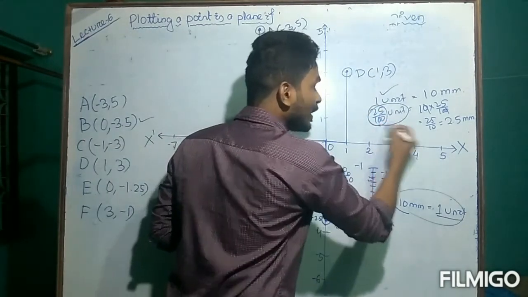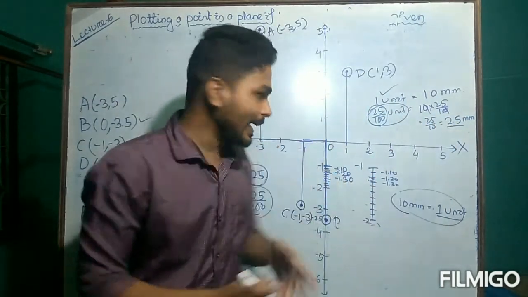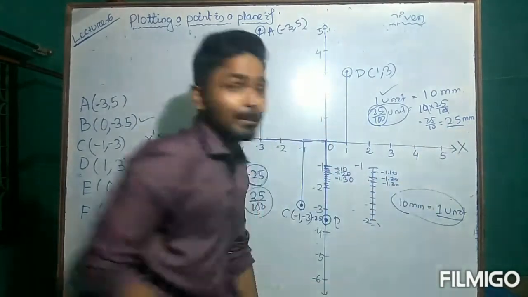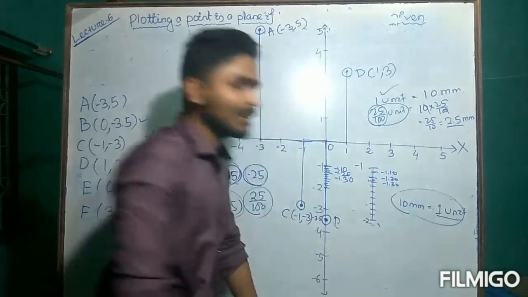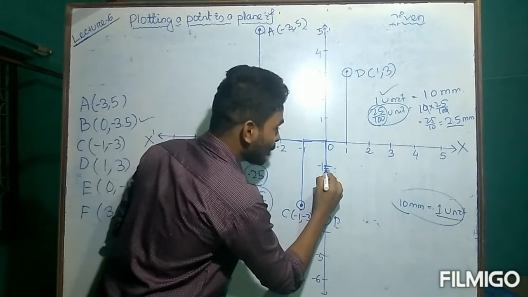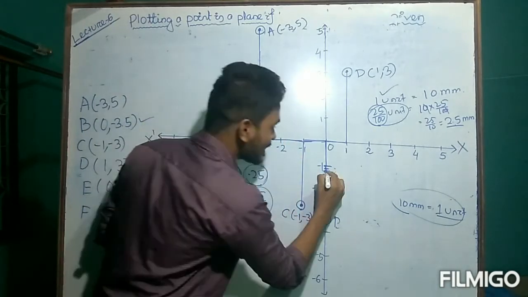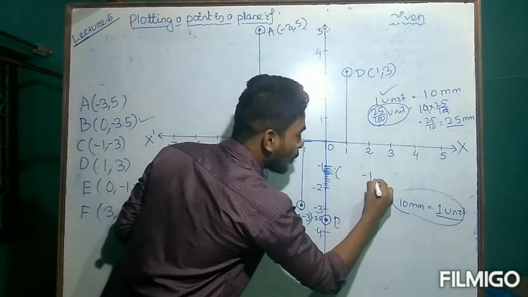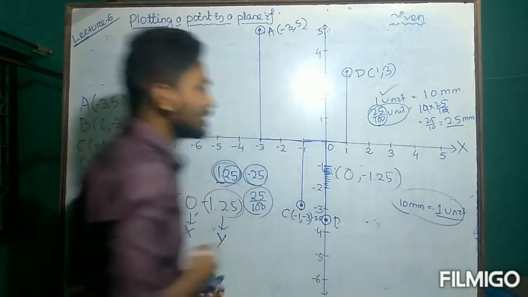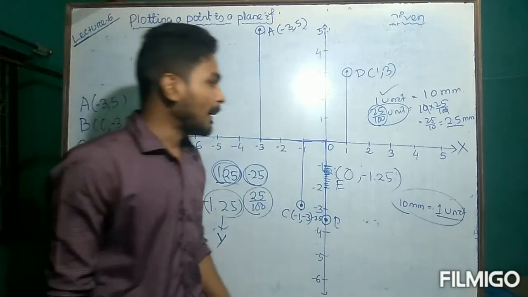As we calculated, 25 by 100 is 2.5 millimeters, so you have to cover 2 straight lines, and then 0.5 means in between the next two lines. So between the second and third line there is a point that represents minus 1.25, and its coordinate is (0, -1.25). Hence the coordinate of E is (0, -1.25).